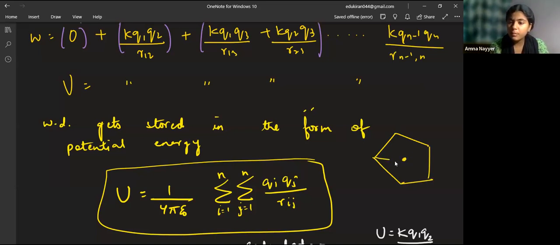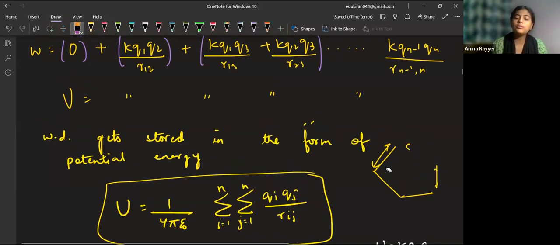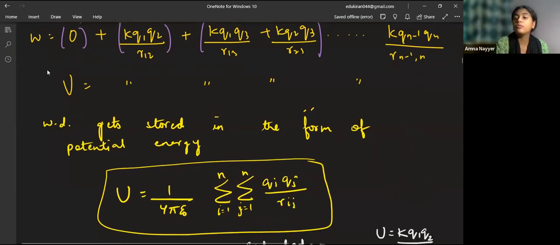So one energy will be because of this corner charge, one because of this corner charge, then this corner charge, then this corner charge, and this corner charge. It is also possible that inter energies between these can also be written. So you first have to figure out where exactly is the number of interactions. I think this is just a way to write it.